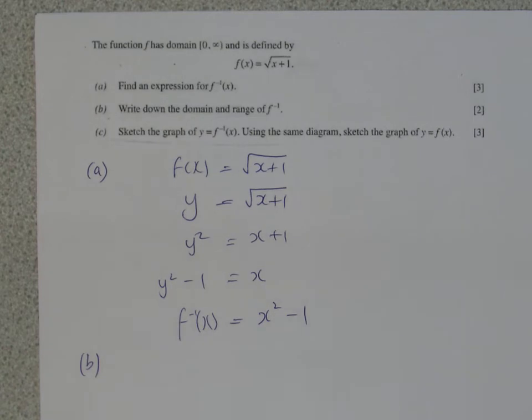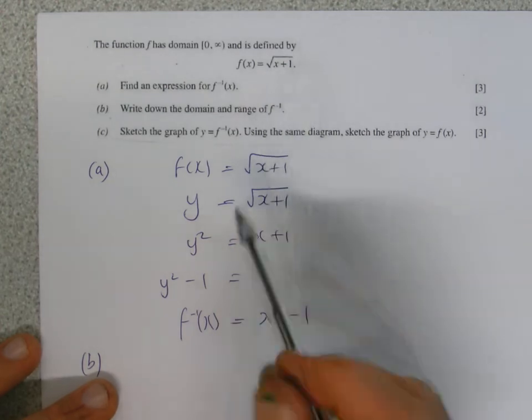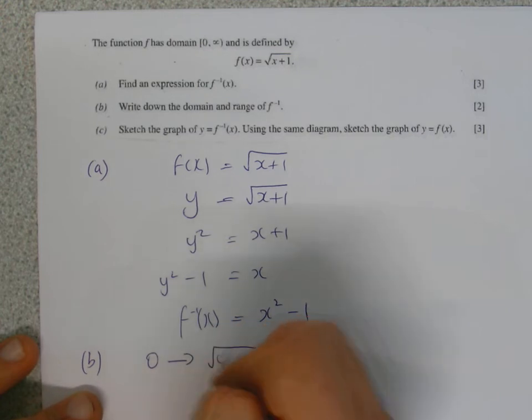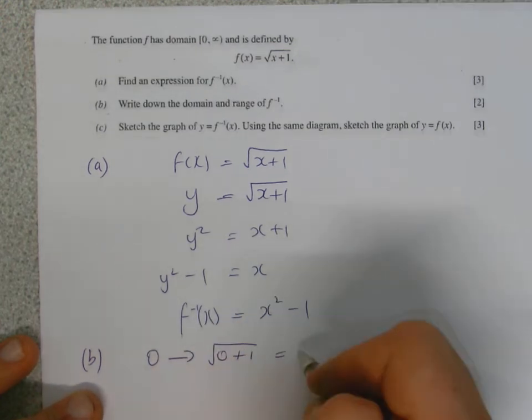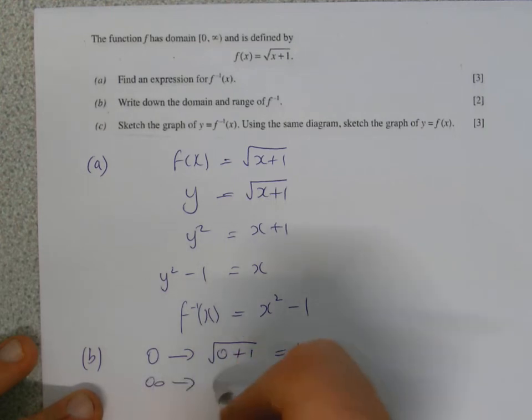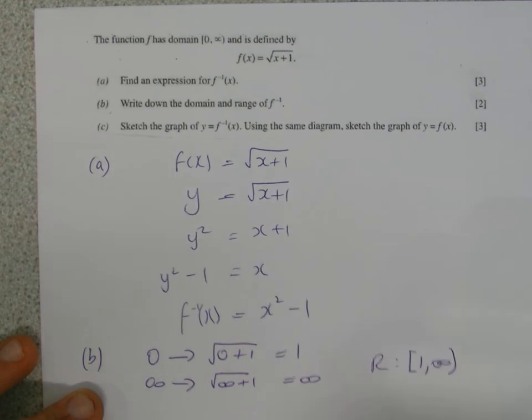So if we work out the range of f, the domain is 0, so put 0 into here. You end up having the square root of 0 plus 1, which is 1. Put infinity in, so you end up having the square root of infinity plus 1, which is just infinity. So the range will be 1, and it'll include 1, because it included 0, and then infinity.